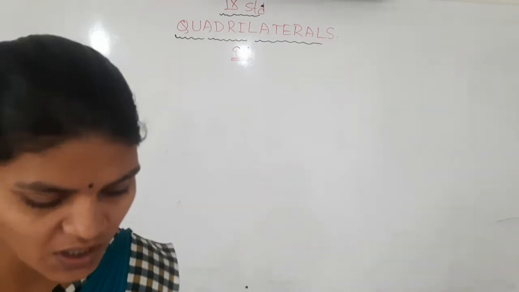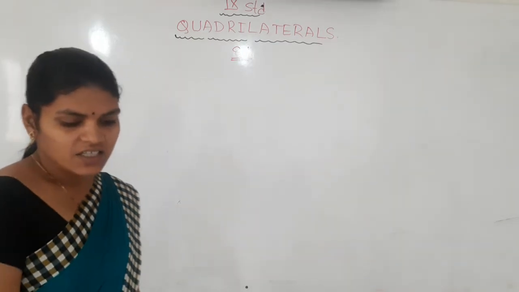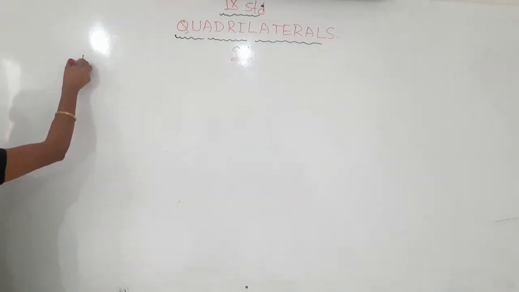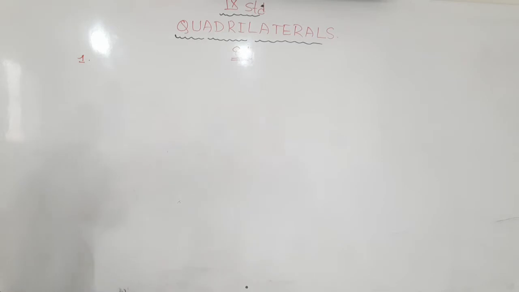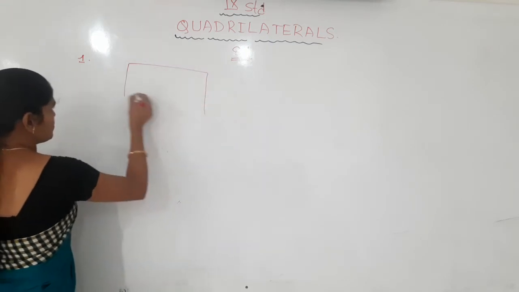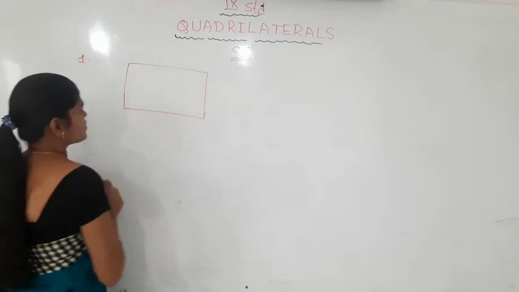What is the first problem? The angles of a quadrilateral are in the ratio. This is one of the quadrilaterals, meaning a four-sided figure. Which shape it is we don't know.